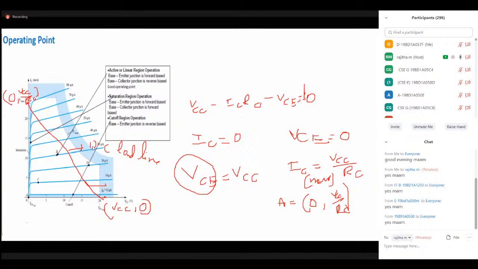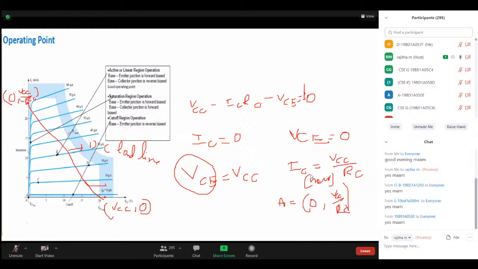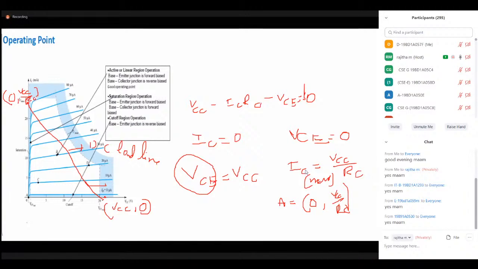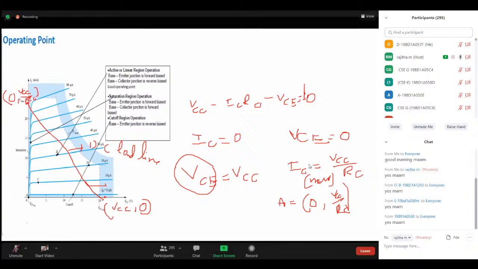Whereas node B we are taking by considering the point in the cutoff region, where no current flows, which means both junctions are reverse biased. When both junctions are reverse biased, current is 0, hence voltage is approximately equal to VCC, because there is no current through RC, hence VCE is equal to VCC.